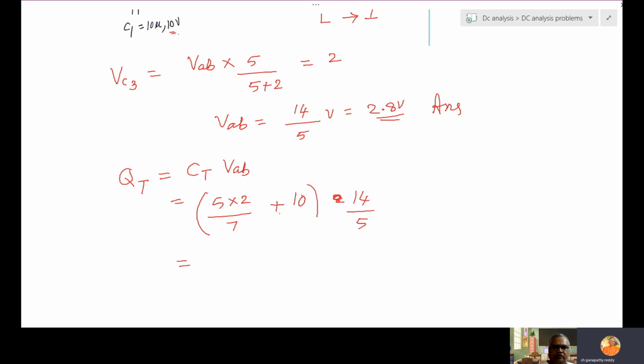So simplify: 70 plus 10, 80 by 7 into 14 by 5.